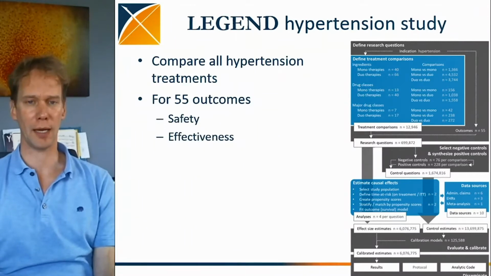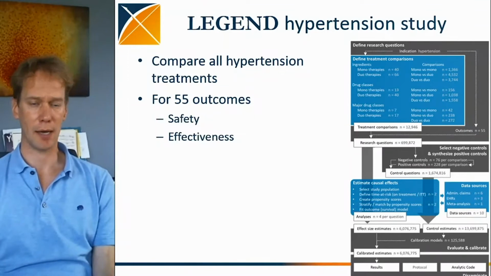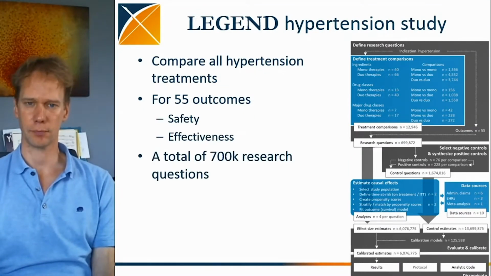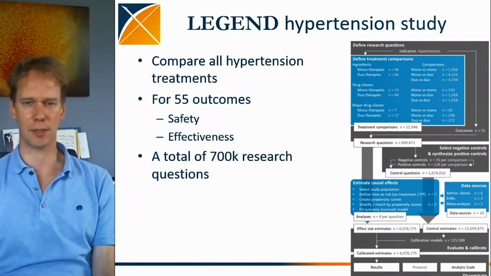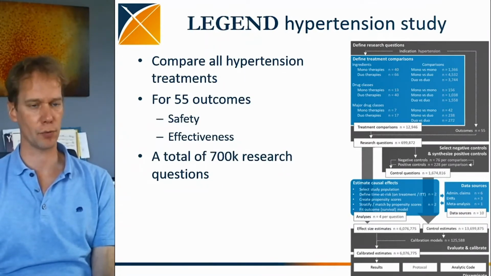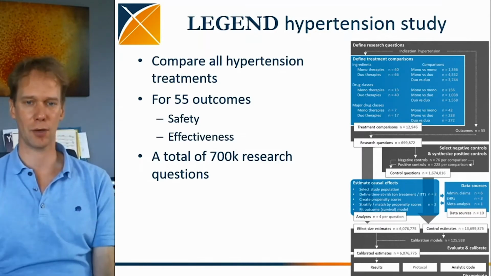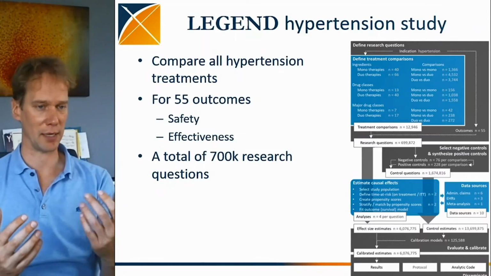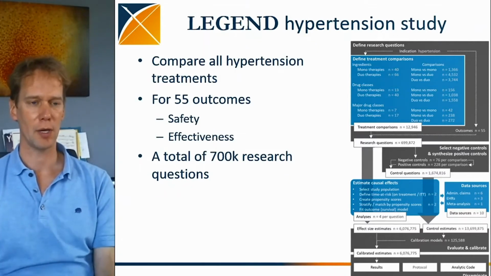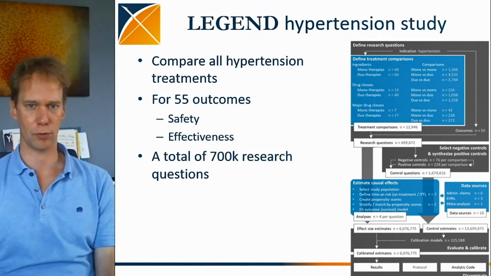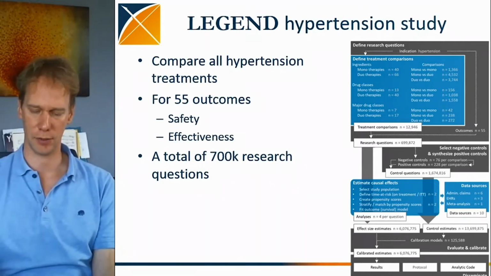For each comparison between treatments, we looked at 55 outcomes of interest, and these included both safety outcomes and effectiveness outcomes. And in total, this led to a formulation of almost 700,000 research questions, where every research question basically made a comparison between a target treatment, a comparator treatment for an outcome of interest. So trying to estimate an effect size, a hazard ratio for that combination.